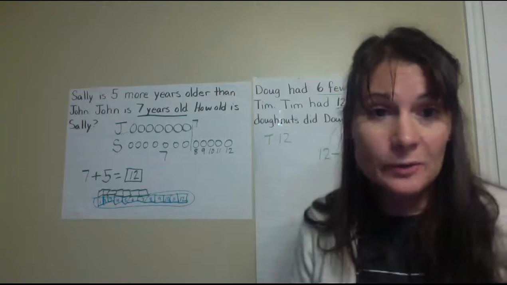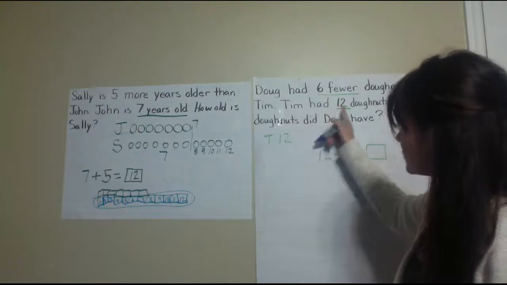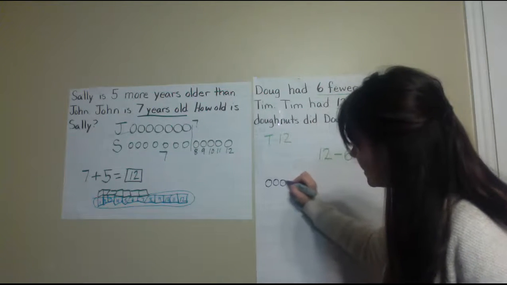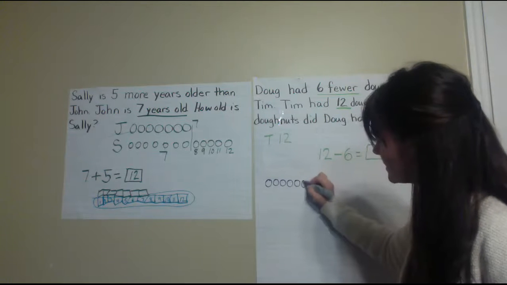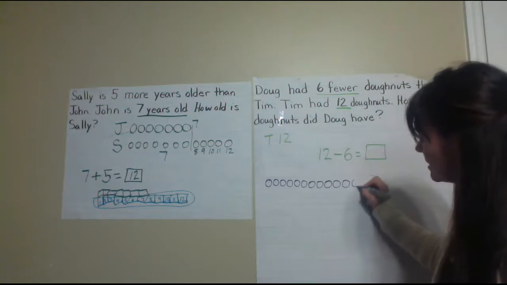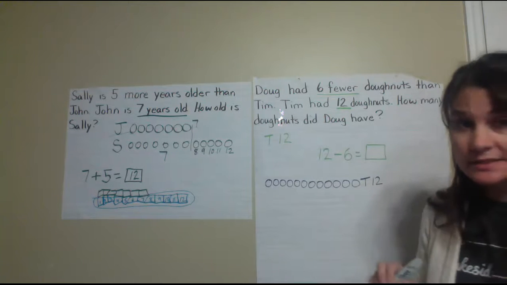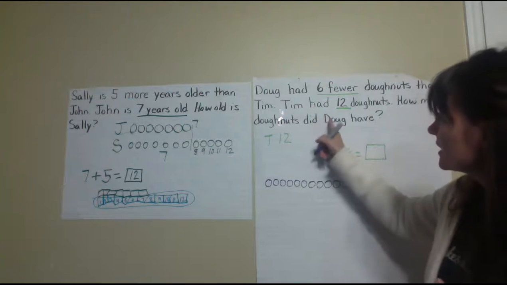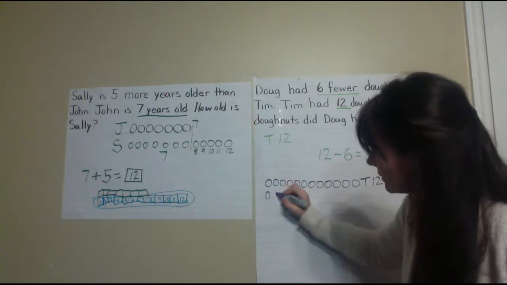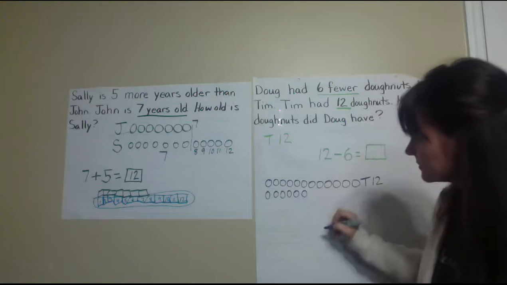All right, let's see how we did. I know that Tim had 12. So 1, 2, 3, 4, 5, 6, 7, 8, 9, 10, 11, 12. And those are Tim's 12 donuts. I know that Doug had 6 fewer. 1, 2, 3, 4, 5, 6.